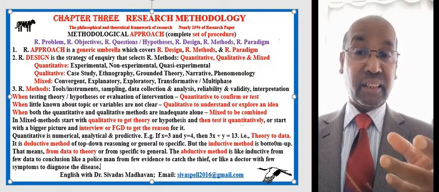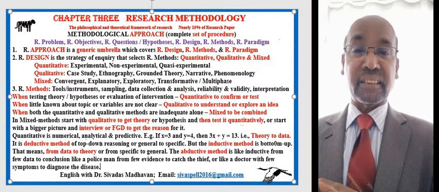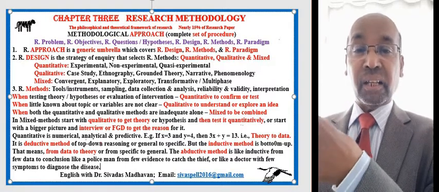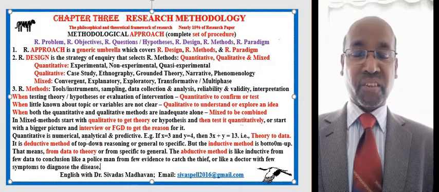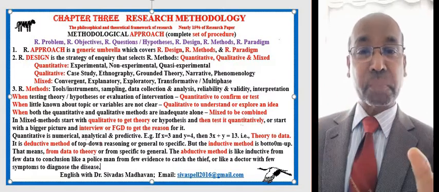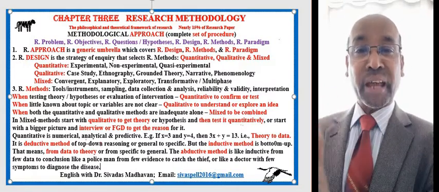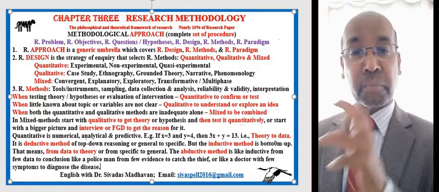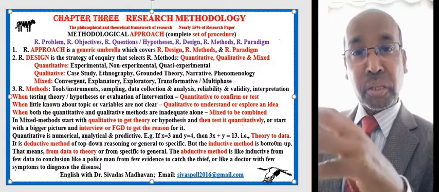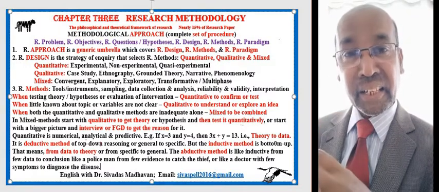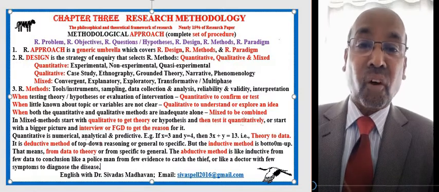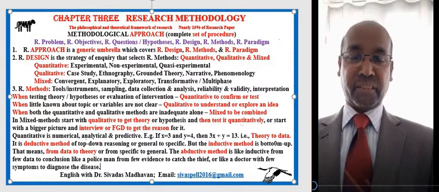And the qualitative method is from the general to the specific. That means you don't have much idea about it, but you approach the participants and get the idea, and you will form the hypothesis or the theory.